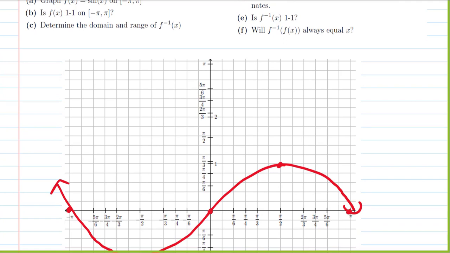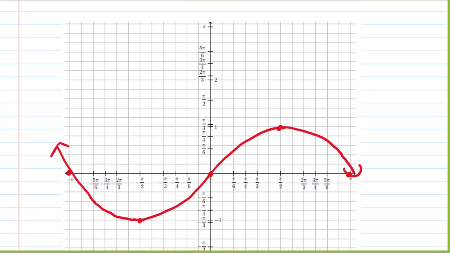So then part B asks us, is this function 1 to 1? So we've got to think back a little bit. We know a function is 1 to 1 if whenever f of x equals f of y, the x and y really had to be the same point. We discovered that that was equivalent to using the horizontal line test, which said if we can draw any horizontal line that touches the graph more than once, then it is not 1 to 1.